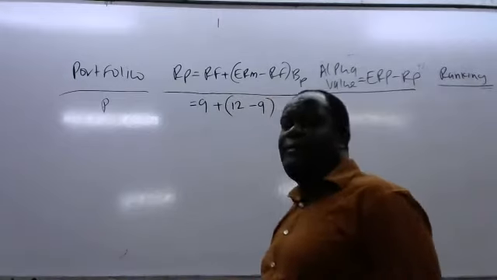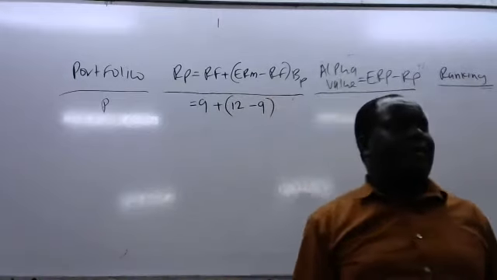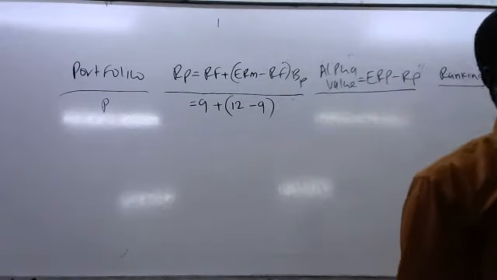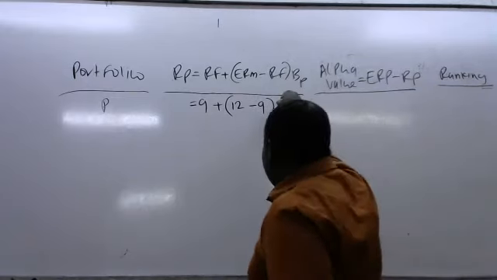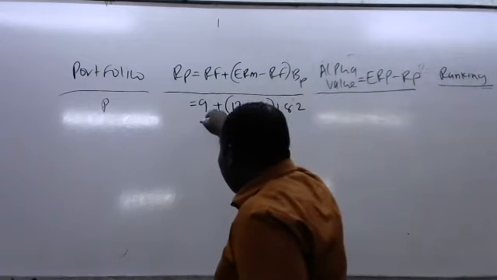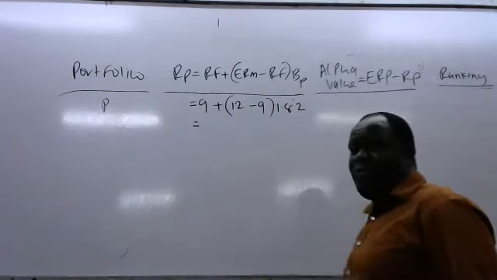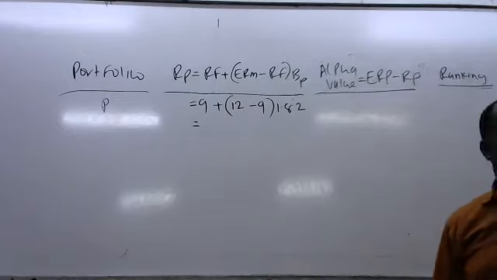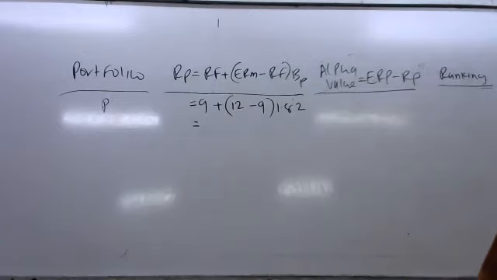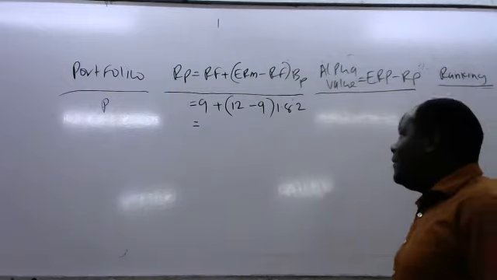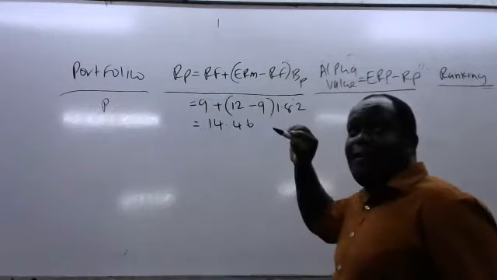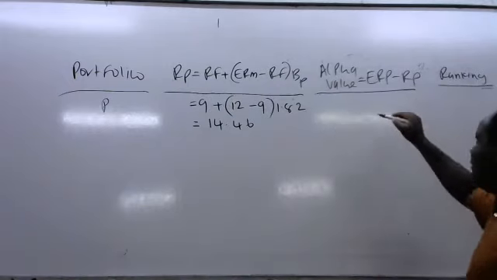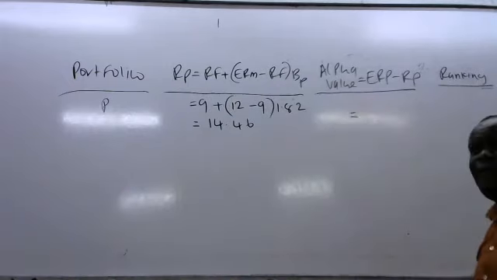Then confirm in Roman letter 2, we had calculated the beta factor for that first one, 1.82. Multiplying gives 14.46.